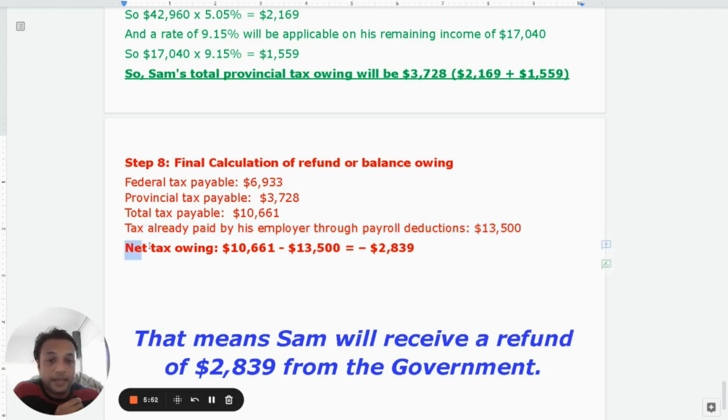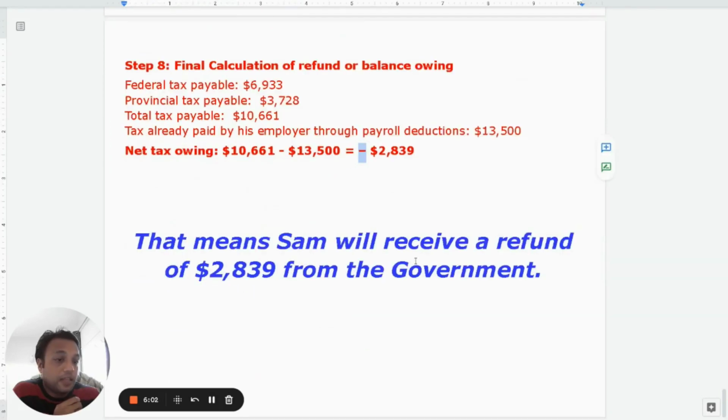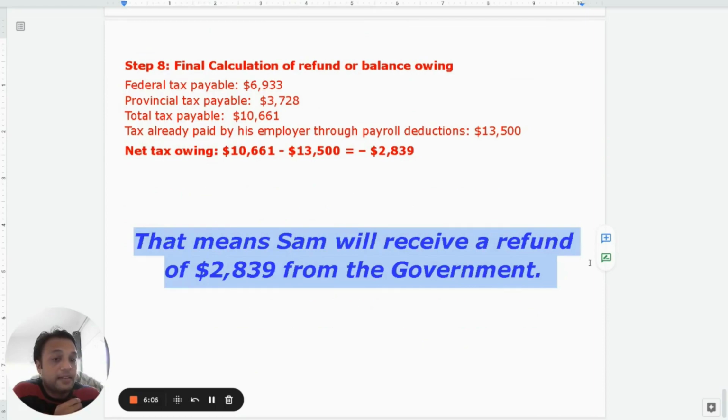So the net tax owing would be minus $2,839. As this amount is negative, that means Sam will receive a refund of $2,839 from the government.